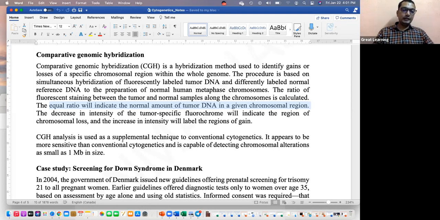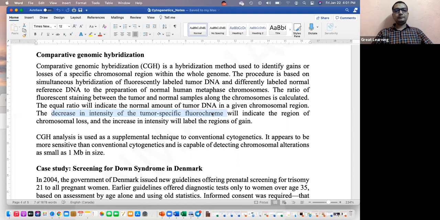But if there is a decrease in intensity of the tumor-specific probe, let's say the tumor-specific probe is the red one, and you have less red and more green, what does that mean? A decreased intensity of the probe that is supposed to bind to the cancerous or abnormal part of the chromosome.